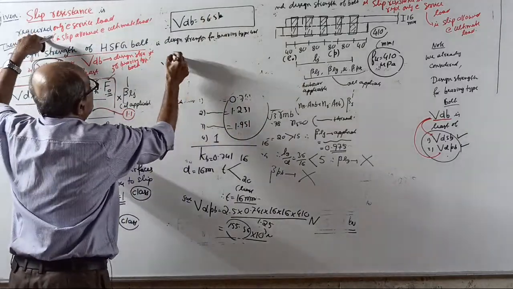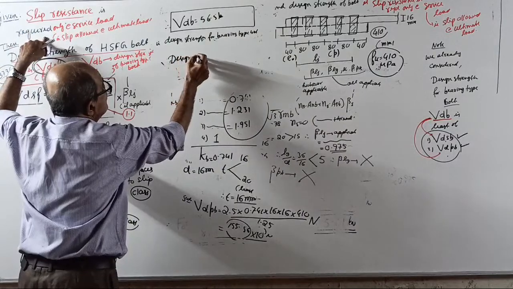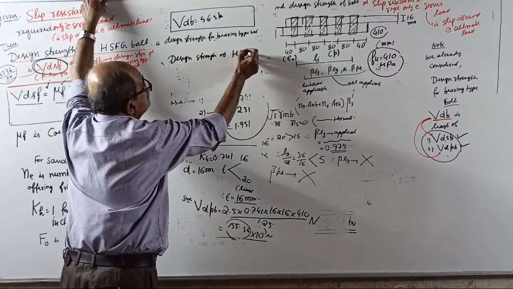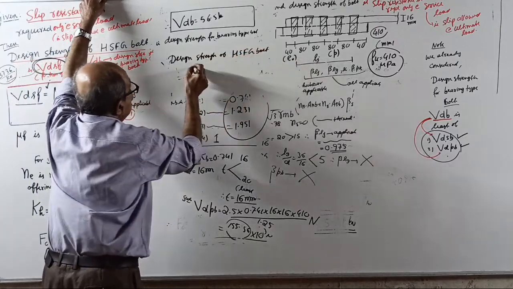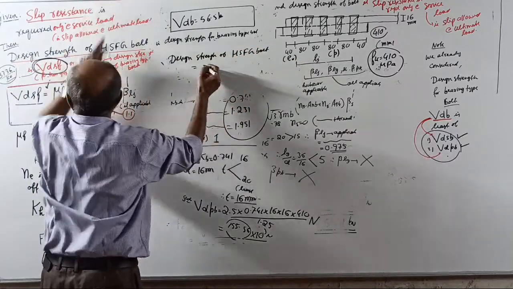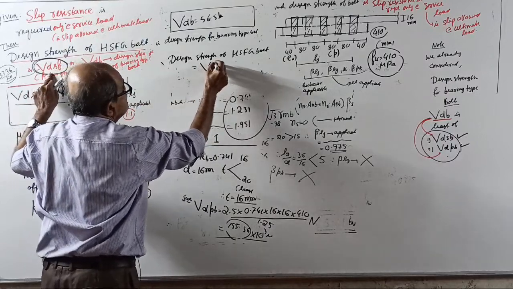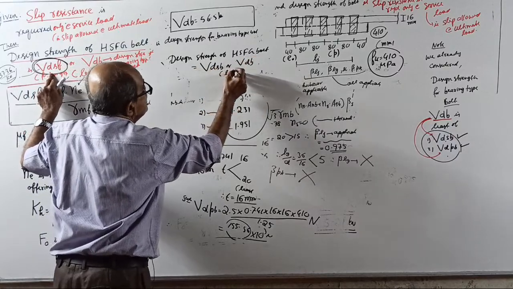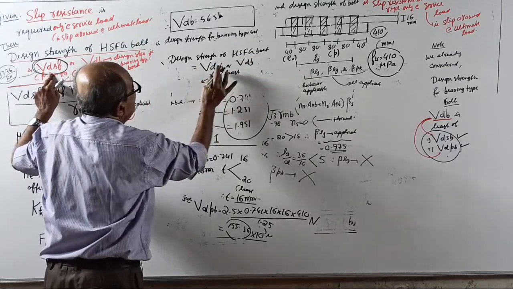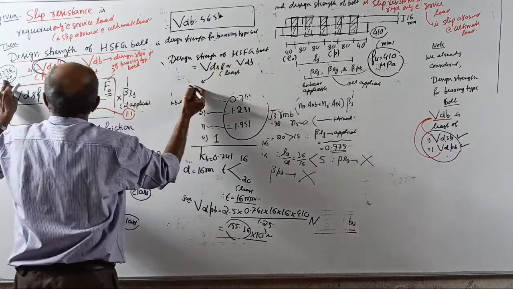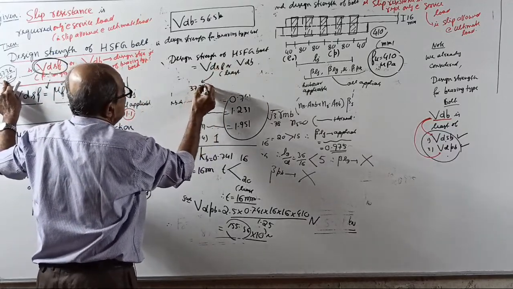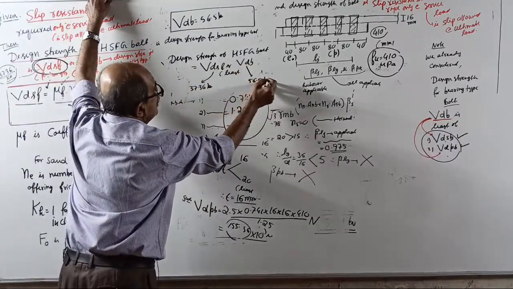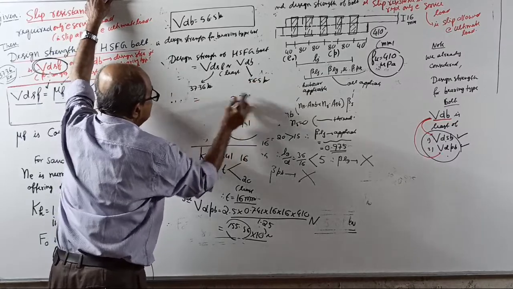Design strength of HSFG bolt is equal to either your VDSF or your VDB, whichever is least. VDSF came 37.36 kilonewton, VDB came 56.5 kilonewton. Therefore, tell the answer.